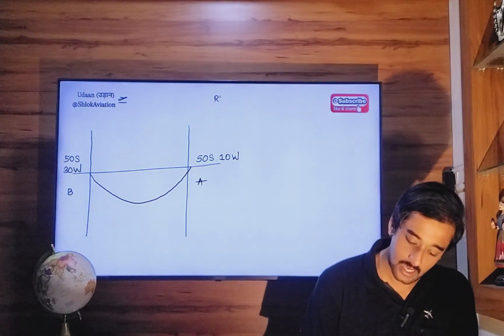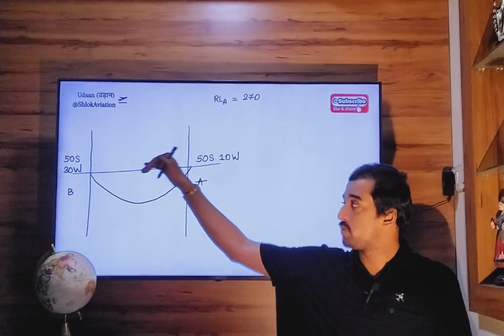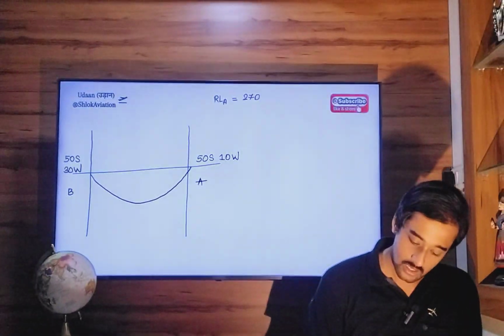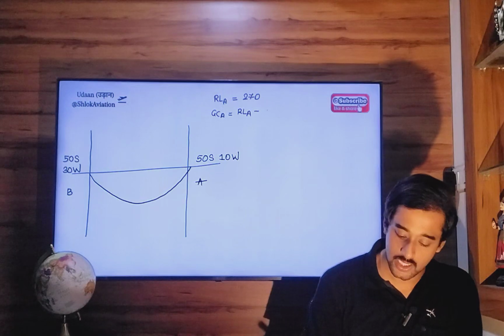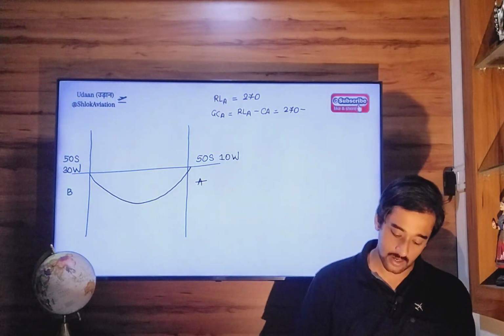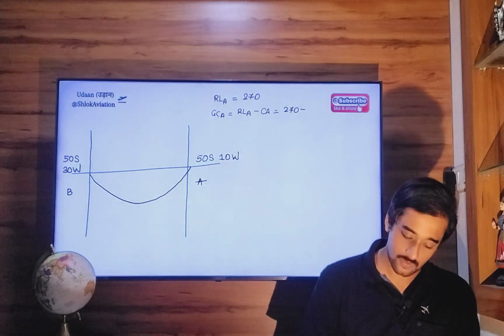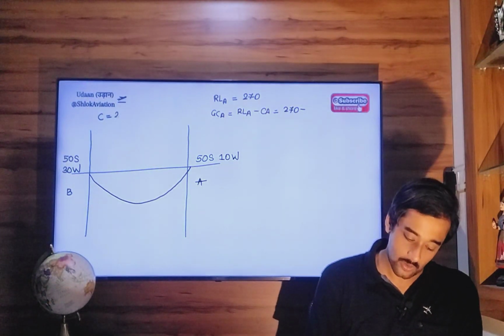Rhumb line at A, 270. You're going from A to B, so 270. Great circle at A will be rhumb line at A minus convergency angle. 270 minus convergency angle. What is convergency? D long, 30 west, 10 west, 20 degree into sine of 50.